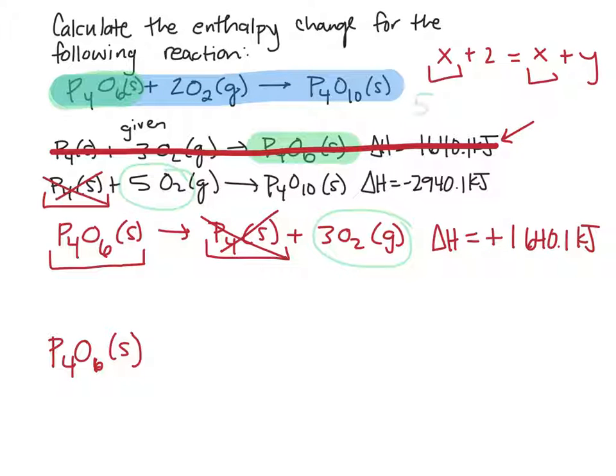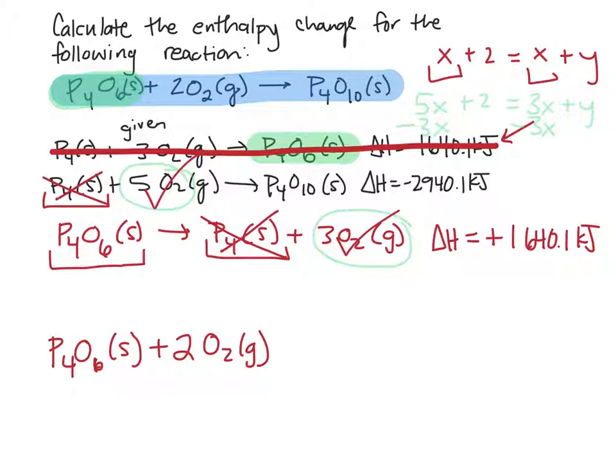If I had 5x plus 2 equals 3x plus y, I could subtract my x's over, negative 3x minus 3x, to get 2x on the left side of that algebra equation. In chemistry, we'll just do the same thing with our chemicals. We'll have a leftover 2 oxygen gas molecules on the reactant side.